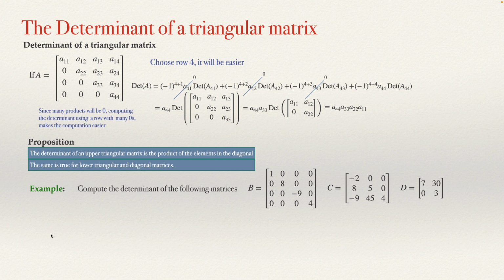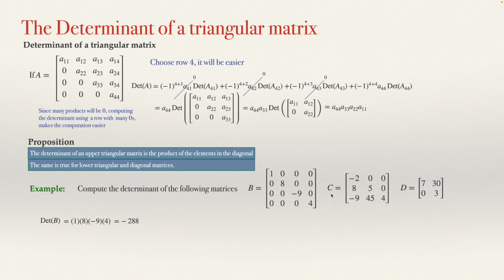In each case, for example, the determinant of B will be the product 1 times 8 times minus 9 times 4. So I don't need to do all this work if we have a triangular matrix. So it will be 8 times 4, 32, times negative 9, equal to negative 288.